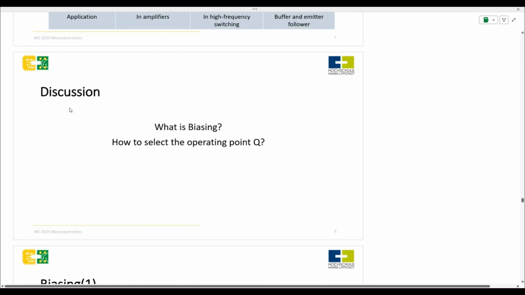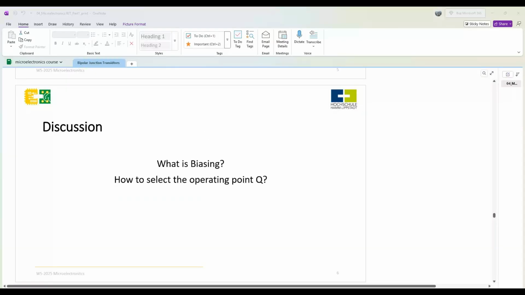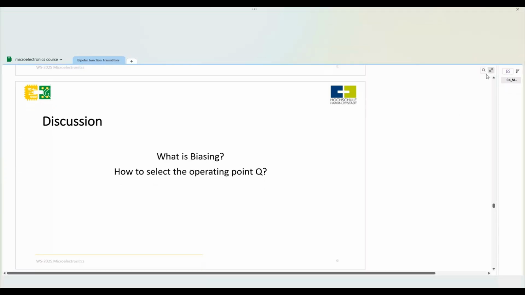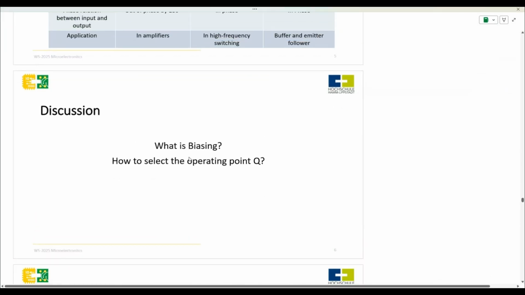Okay, so now it's the big question. Let's continue our microelectronics course, and we will be talking about what biasing is. If you have any idea, you can write it down, or you can simply ask ChatGPT.